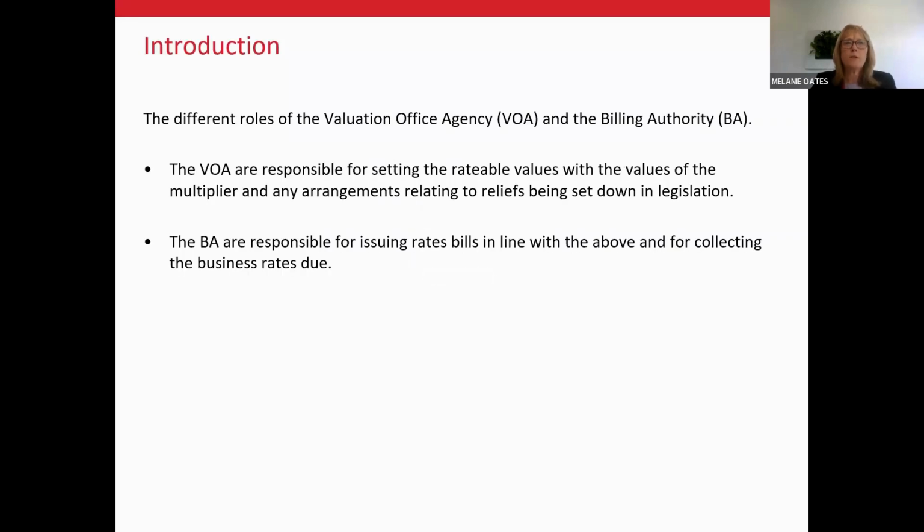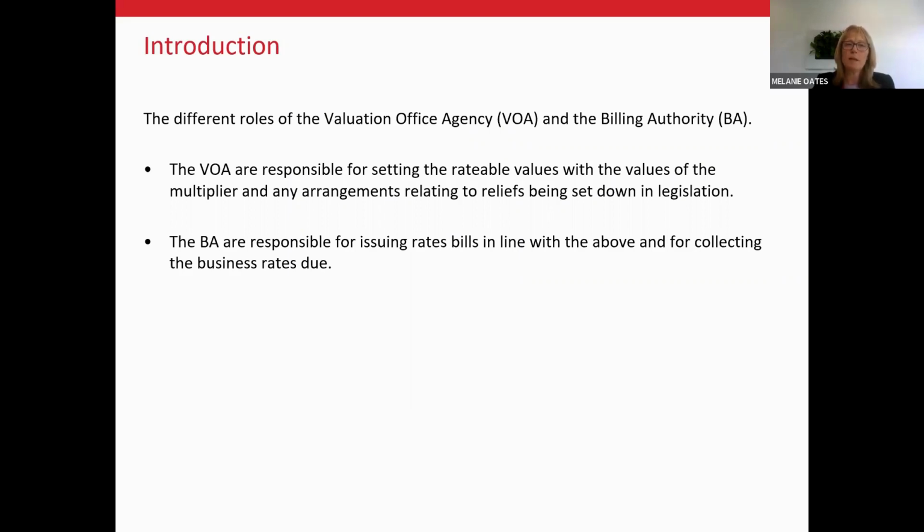So the different organisations that deal with those matters are the Valuation Office Agency and the Billing Authority, and it's important to understand who deals with which bit. The Valuation Office Agency are actually responsible for setting rateable values.